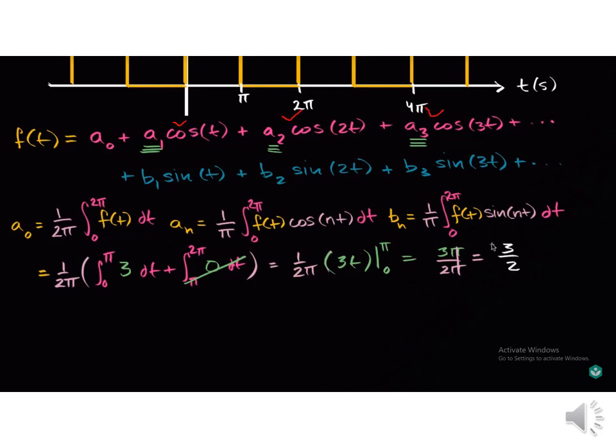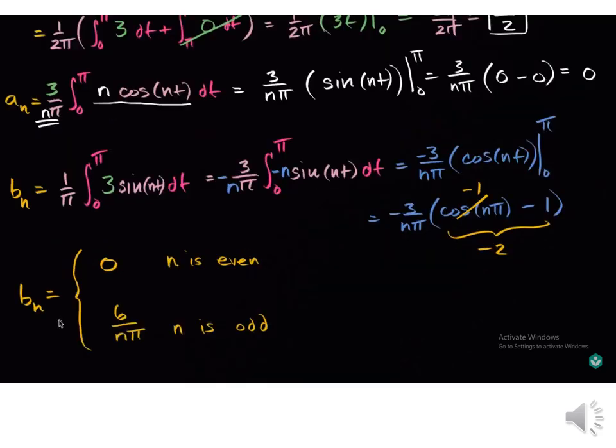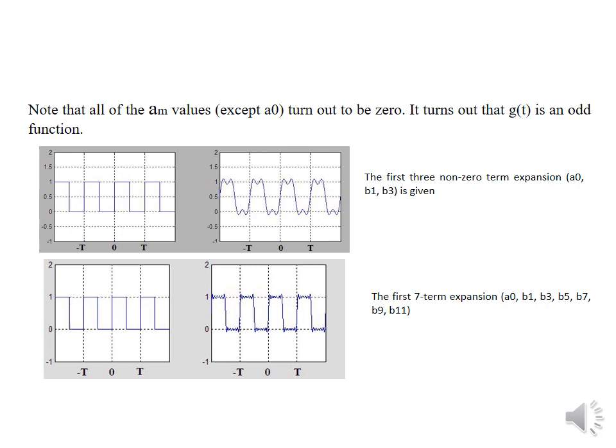If you increase it to 7 terms here and 7 terms in sine, you will have a look very similar to a square wave. And if you add more terms, it will gradually become identical to the square wave.